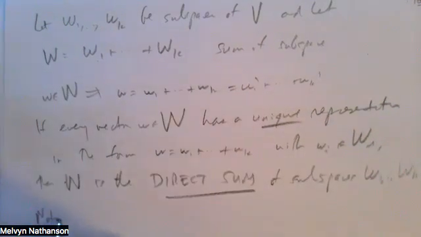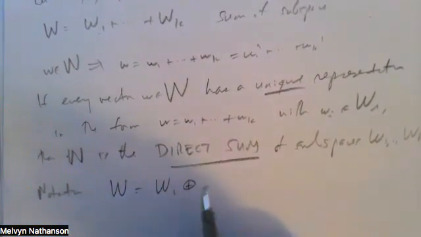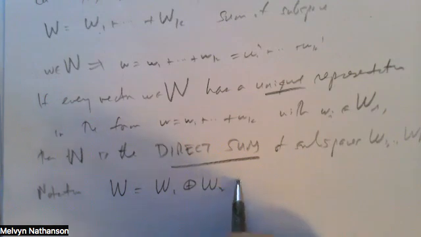And the notation for this is W equals W1, and we put a circle around the plus signs.